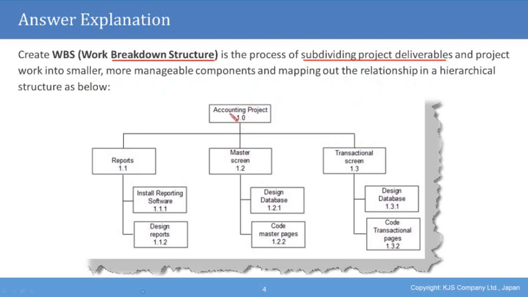So for example, if you have an accounting project, then you can divide the project into having reports, having a master screen and a transactional screen, and then you can divide the reports into subdivisions, the subsections.